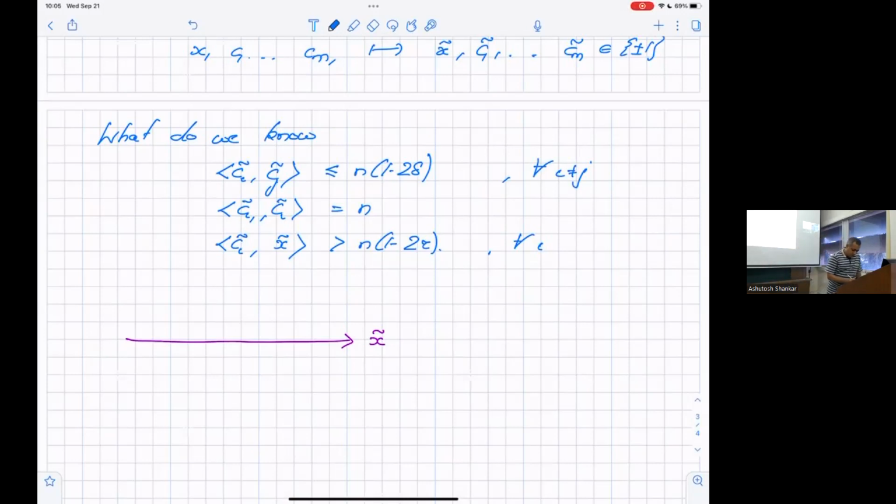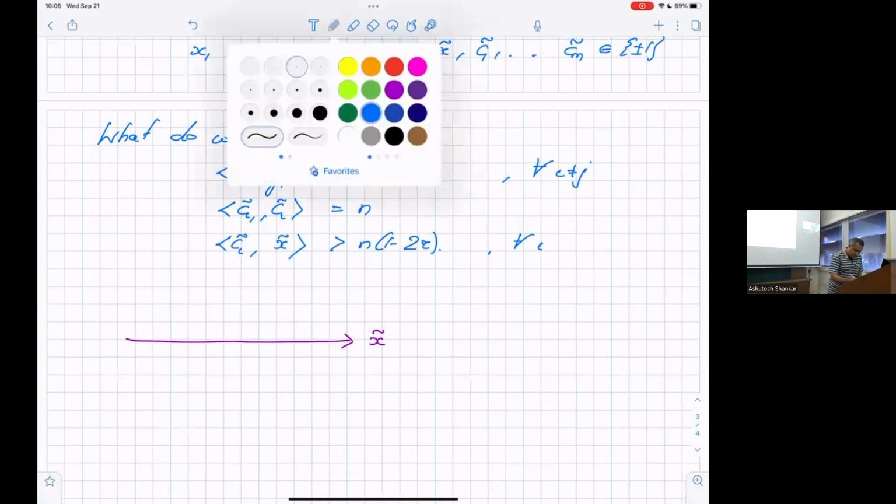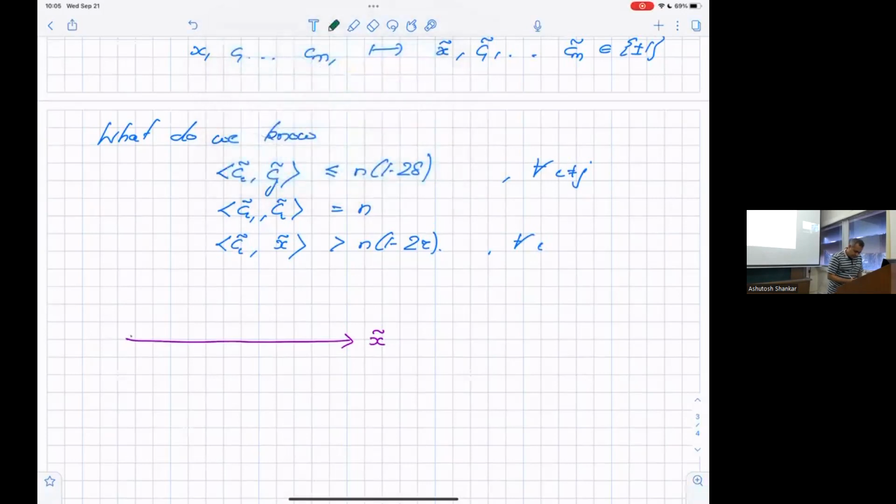So you have this sort of picture: c1 tilde sitting here, c2 tilde sitting there. They all lie in this gap around x tilde and can't go too far away from it. But amongst each other they make a large dot product. If you take this one and this one, the dot product suddenly becomes large.